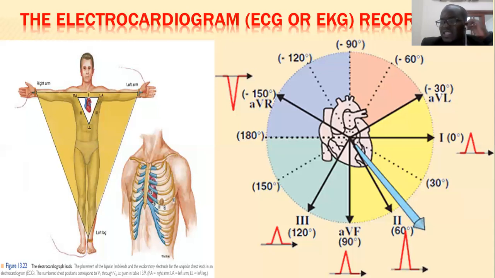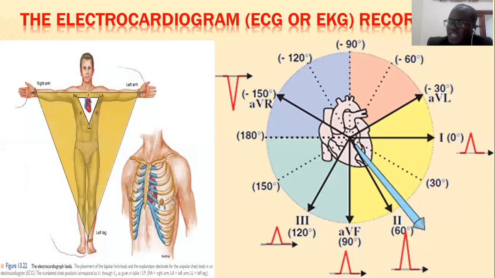So you find that the acceptable normal axis of the heart is between -30 degrees all the way to 90 degrees, or from AVL all the way to AVF. This is called normal cardiac axis.